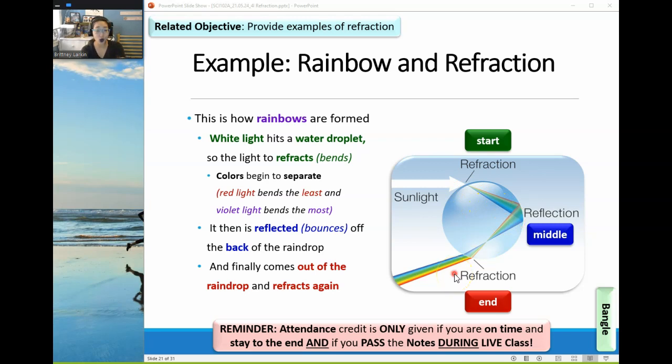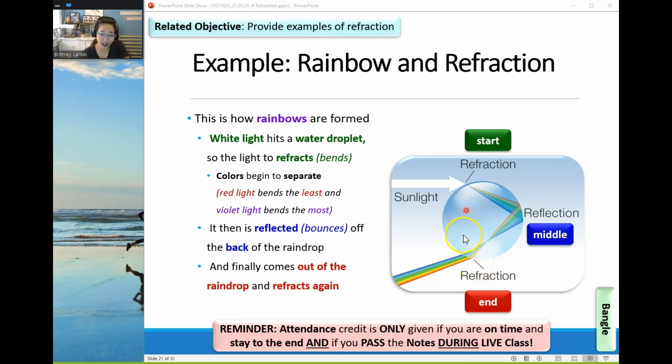Now, not only do we have refraction here, but we actually also have reflection, because droplets are spherical, and so the refraction here is going to then become reflection. So we have light coming in, it refracts or bends, and then it actually reflects off of the back of the water droplet. And at that point, it's going to go ahead and come out of the water droplet, and when it comes out, it refracts again.